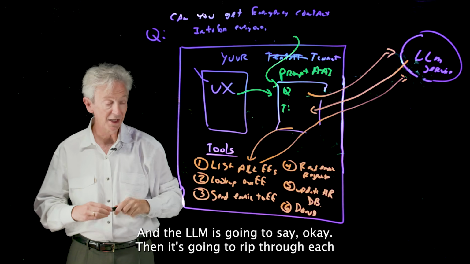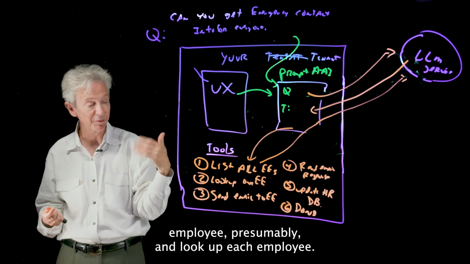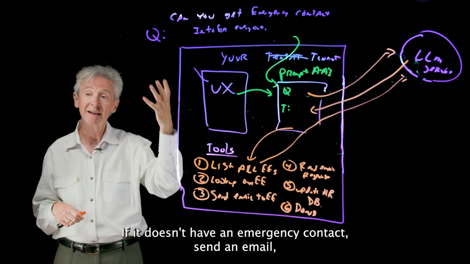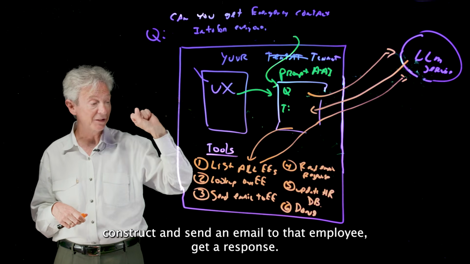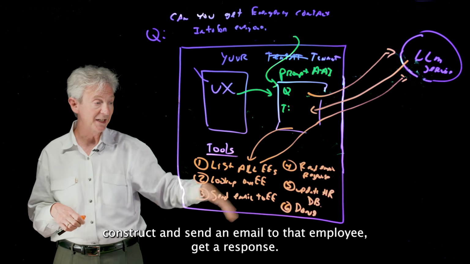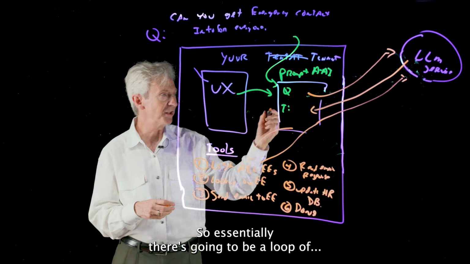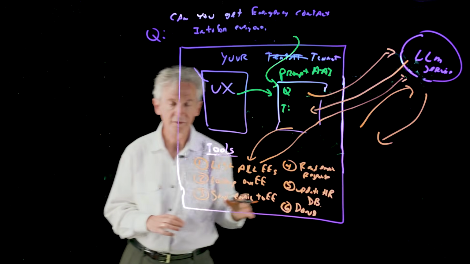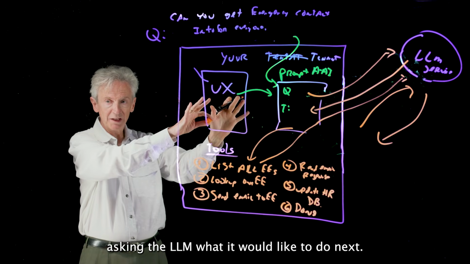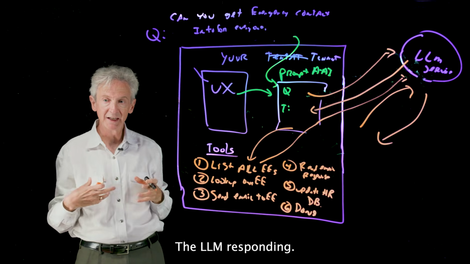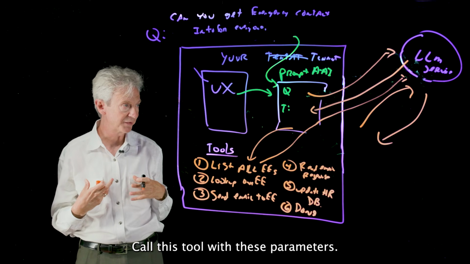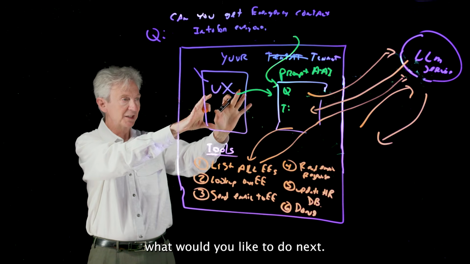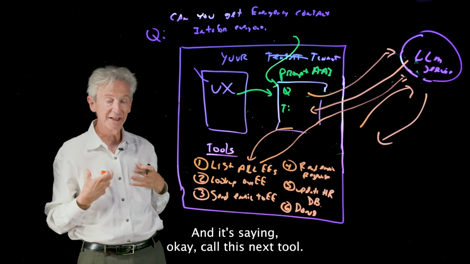And the LLM is going to say, OK. Then it's going to rip through each employee, presumably, and look up each employee. If it doesn't have an emergency contact, construct and send an email to that employee, get a response, and so on. So essentially, there's going to be a loop of asking the LLM what it would like to do next, the LLM responding, call this tool with these parameters, then you sending back what that tool returned and asking what would you like to do next, and it's saying, okay, call this next tool.